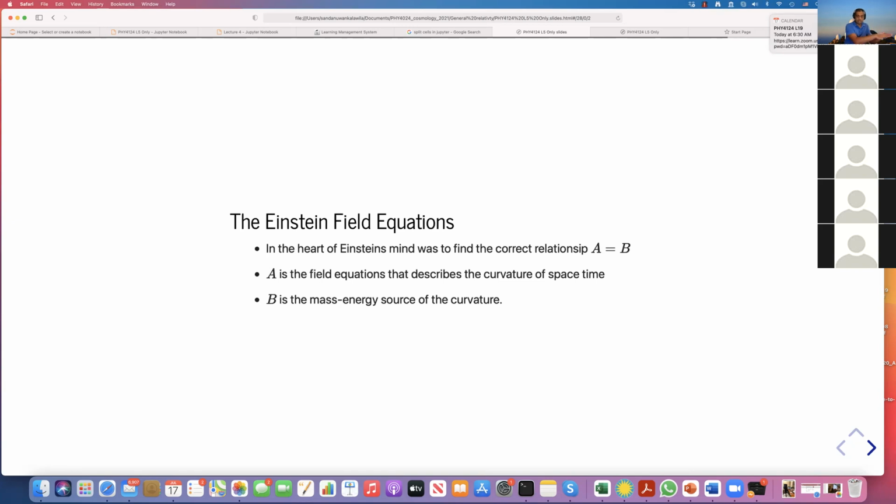On the left-hand side, mathematically, you should have some components that describe the curvature of the space-time. On the right-hand side, you should have the source that creates this curvature. Now, let's say B is the mass-energy source that creates the curvature. So the next question is, we need to find exactly what is A and what is B to give this relation.